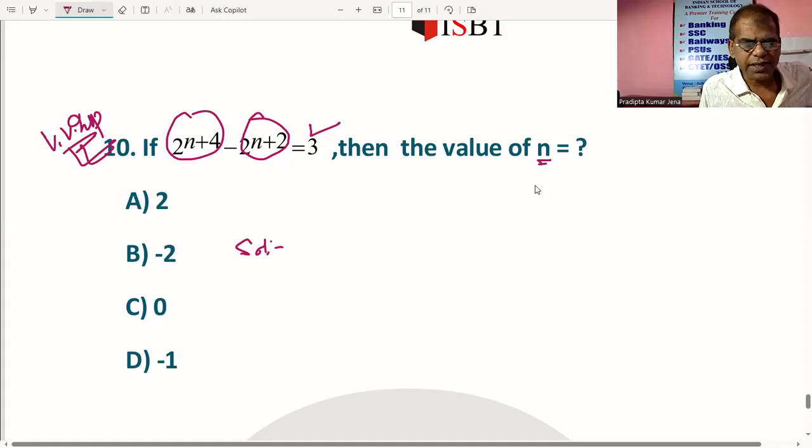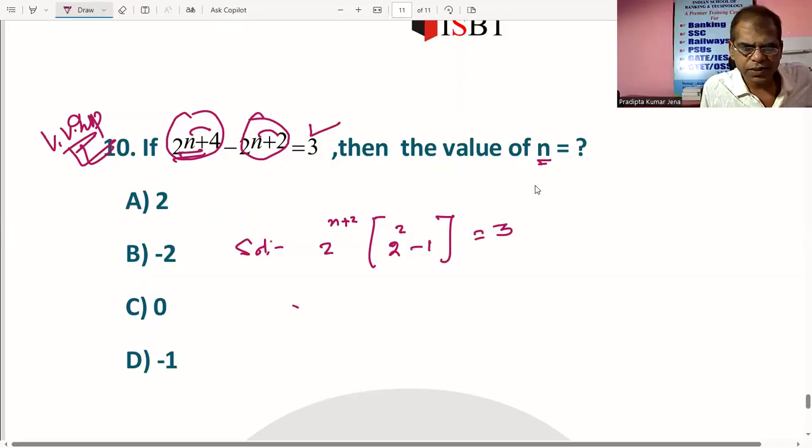So directly, 2 to the power n plus 4 minus 2 to the power n plus 2. So now we can take 2 to the power n plus 2 as common. So from n plus 4, n plus 2 goes, so directly 2 to the power 2 remains. Now 2 to the power 2 remains, minus 1, is equal to 3.